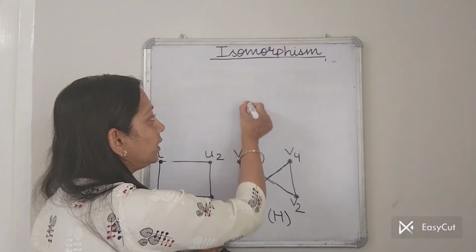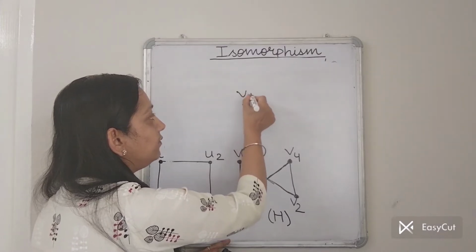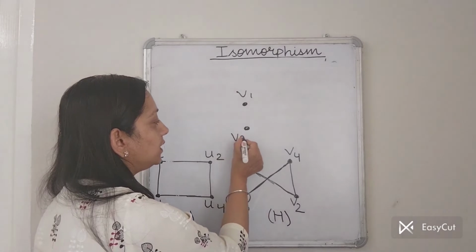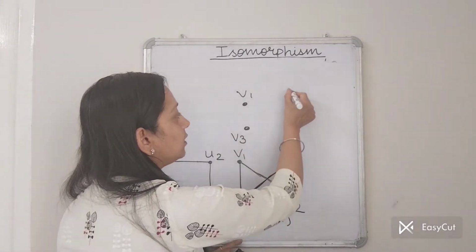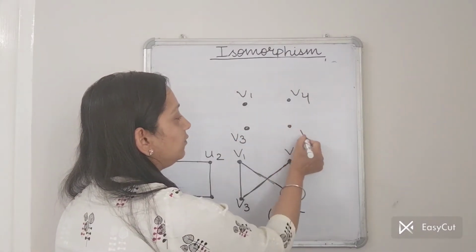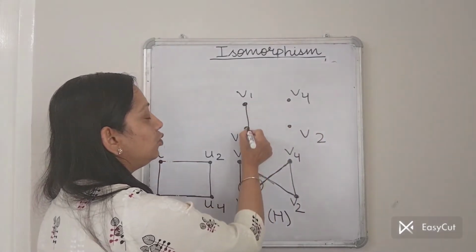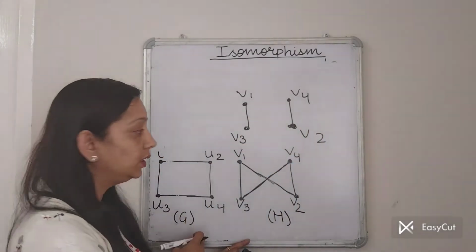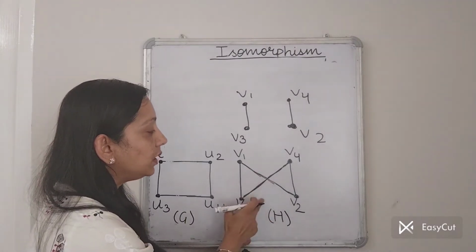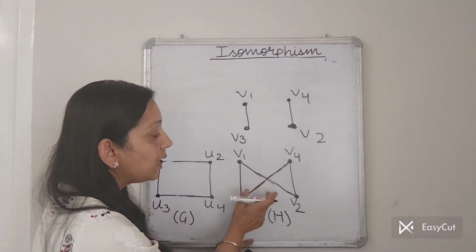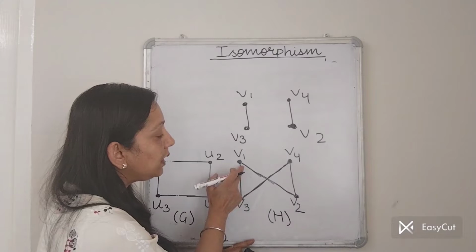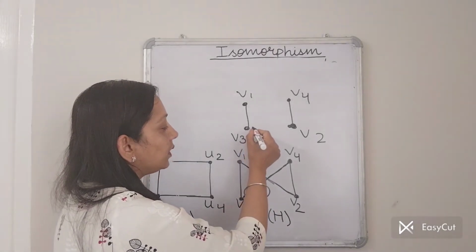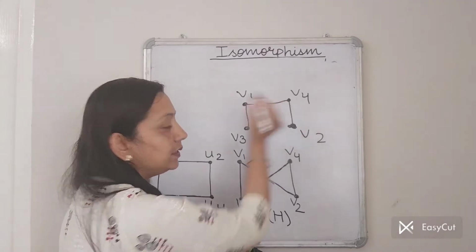See, this is my vertex V1. I am talking about the graph H right now. My vertex V3, vertex V4 and vertex V2, right? Now these two vertices are simple and same like that of graph G. Now in these crossing edges, if I push the edge of vertex V1 and V2 upwards, it will be like this, right?